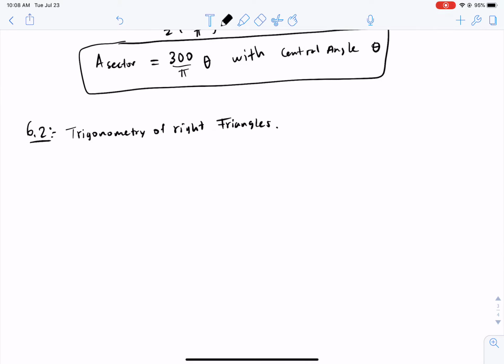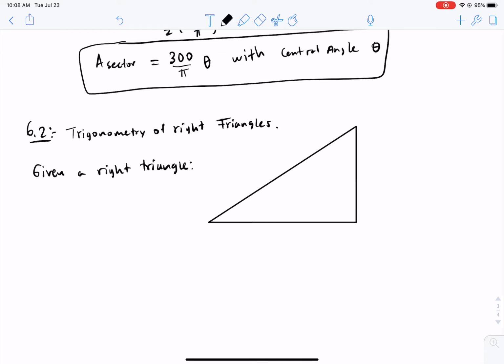Given a right triangle, something like this, and I can draw right triangles really fast. There you go. So imagine this is a right triangle.